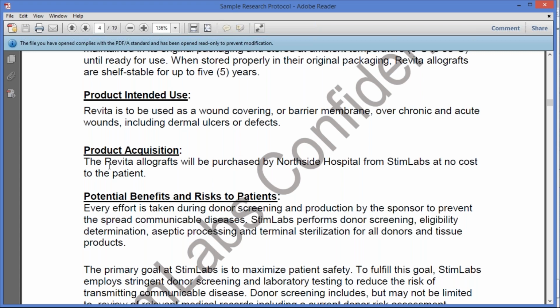That's the reason Revita allograft will be purchased by Northside Hospital from TimLab at no cost to the patient.